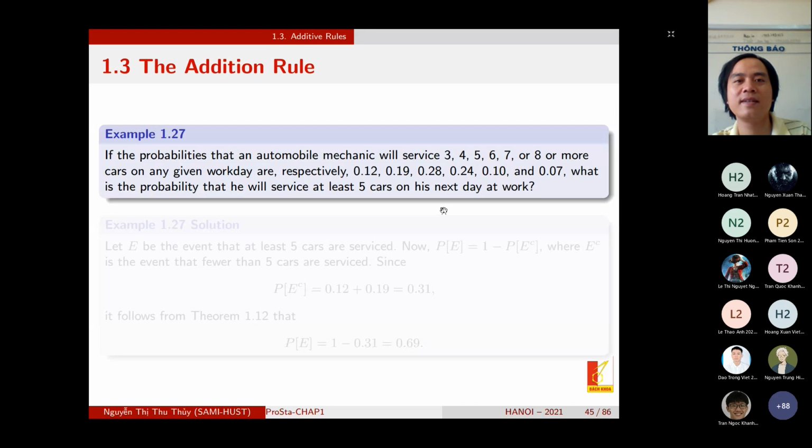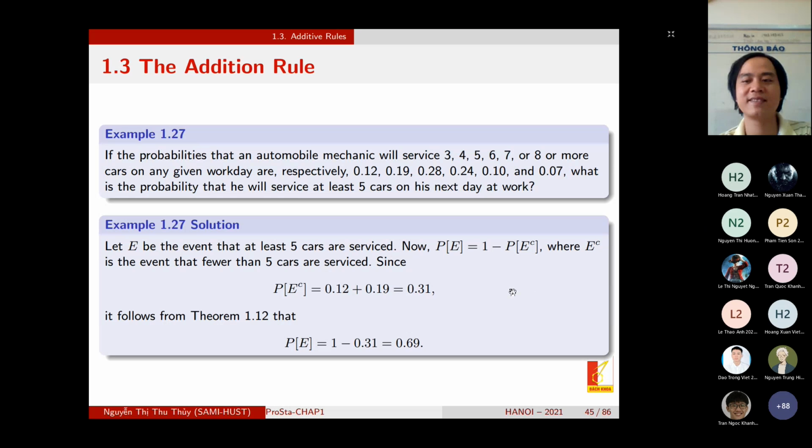Yeah. So I will sum up the probabilities of 3 and 4. It will be 0.31. Okay, 0.31. And then, as we know about the theorem, we will subtract it from 1, and we will have the probability of the event.